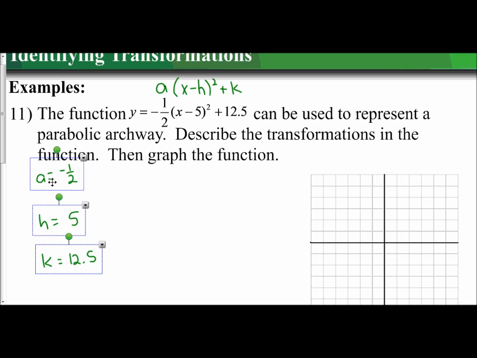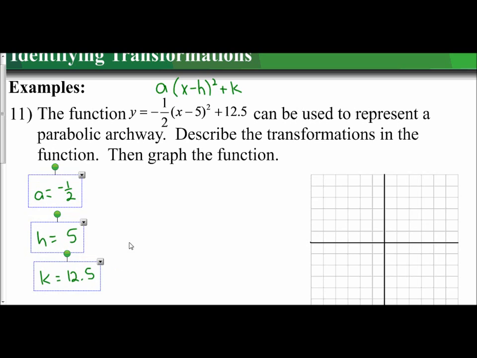And now we take these values and determine what our transformations are. Let's first start with a. It says a is -1/2. First, since a is negative, we say it reflects over the x-axis.